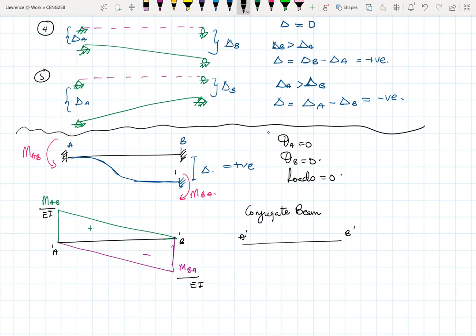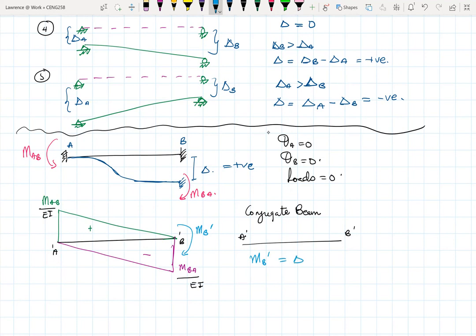But then because we said that there was some deflection at B, we need to account for that in our conjugate beam. So for that to happen, we place an end moment here, which we call MB or MB prime. So if we find this end moment, or this moment in the conjugate beam, then this particular moment will be the same as the deflection in the real beam.